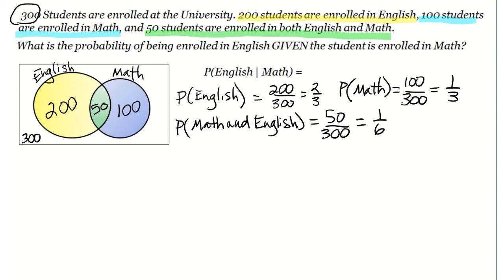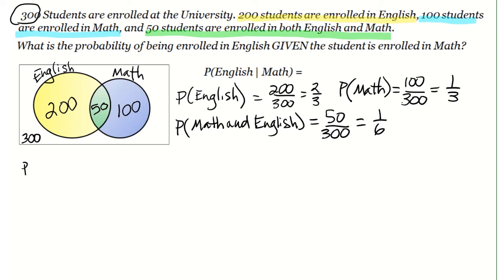So now I want to get the probability of being enrolled in English given that the student is enrolled in math. So let's take a look at that formula, and then we'll see how to solve it with the Venn diagram.